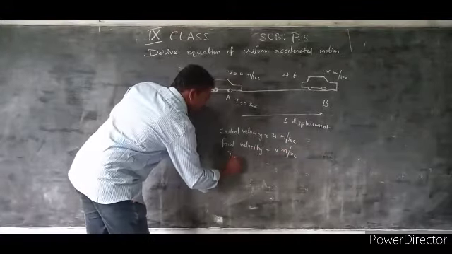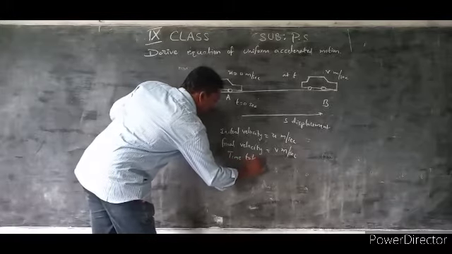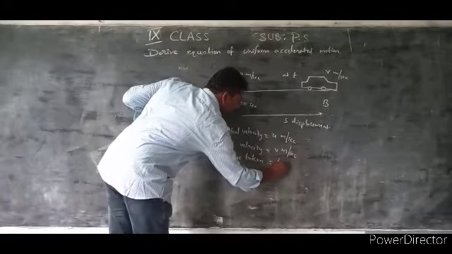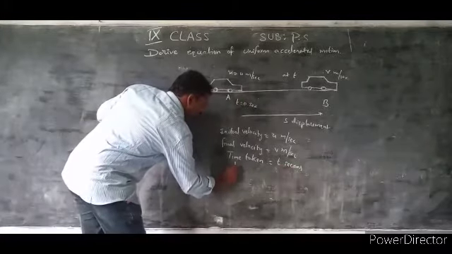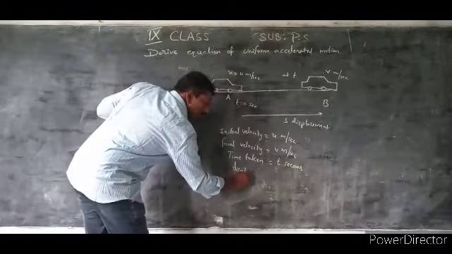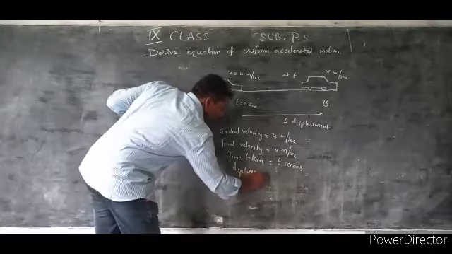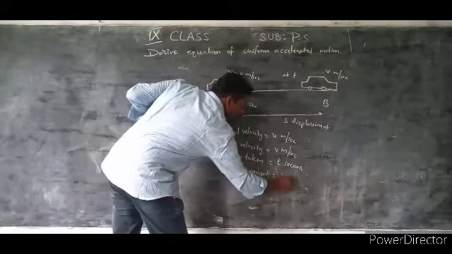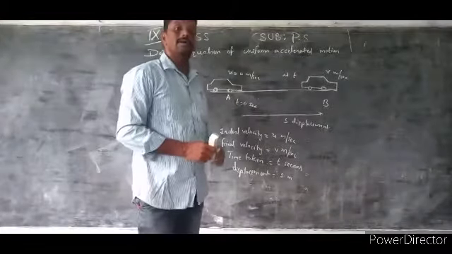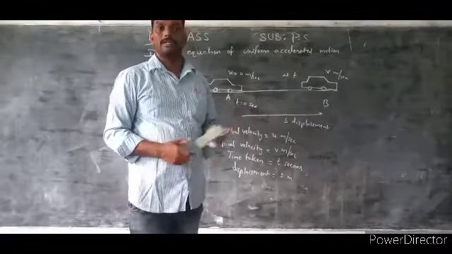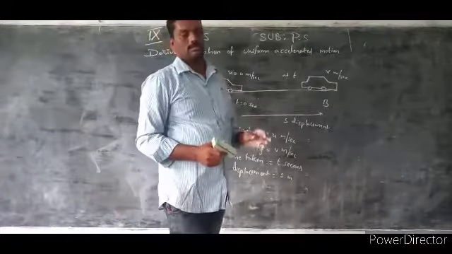Time taken is t seconds, and displacement is s meters. So as per the definition of uniform acceleration, in the previous class we learned acceleration.